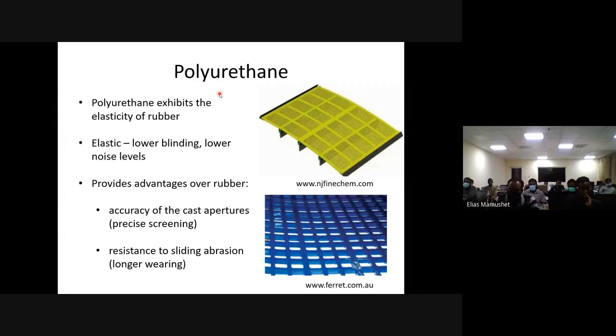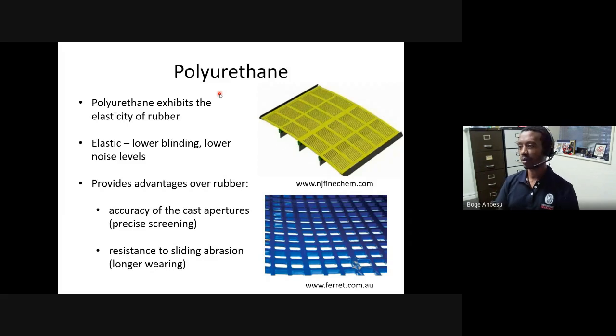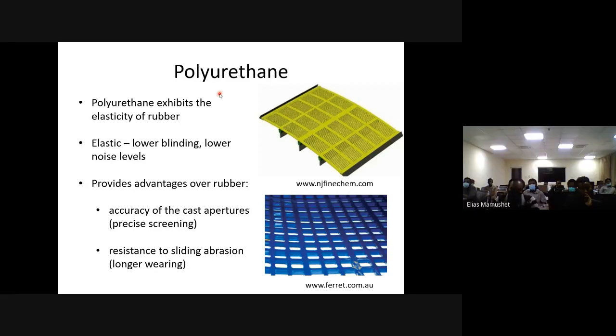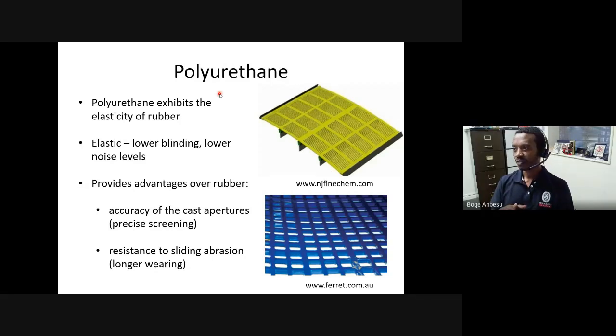The polyurethane surface, for example, when you compare it to rubber, is a bit elastic, which means it doesn't blind quickly. This is one of the advantages of a screening surface, because we know screening performance is significantly impacted by blinding, or blockage, of particles. When you have blockage, your screening performance reduces very significantly. So you don't want that.